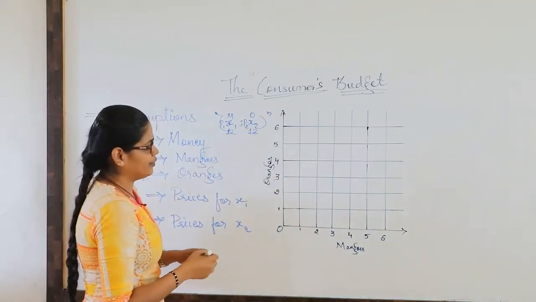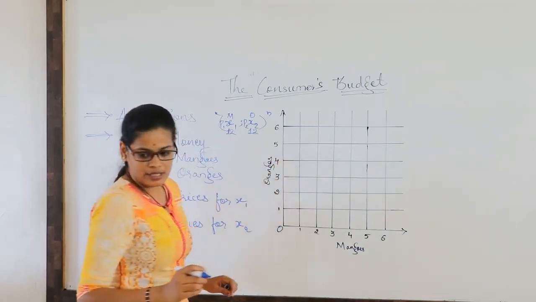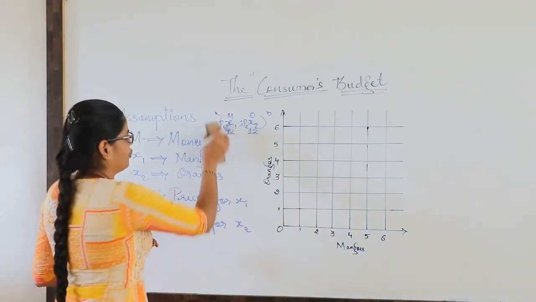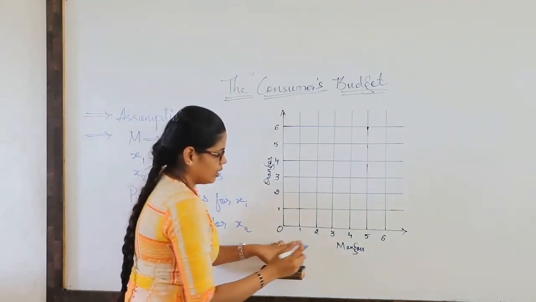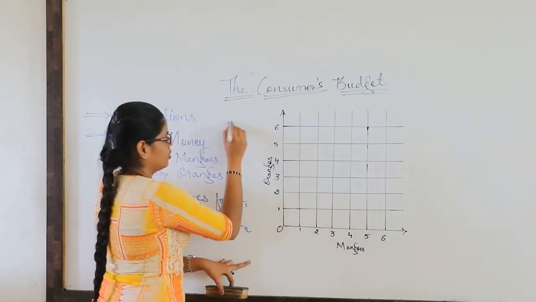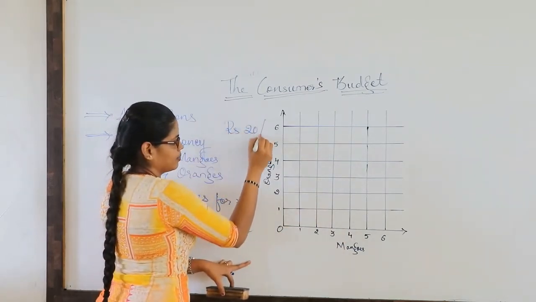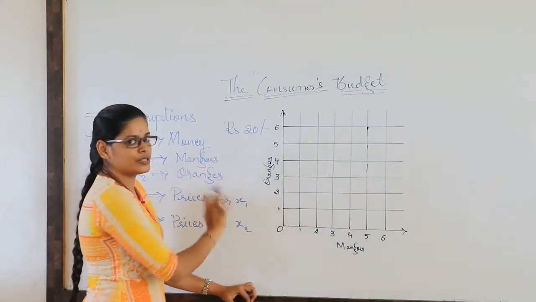For example, we can take an example here for your better understanding. I have given you rupees 20. Imagine, this is your budget.